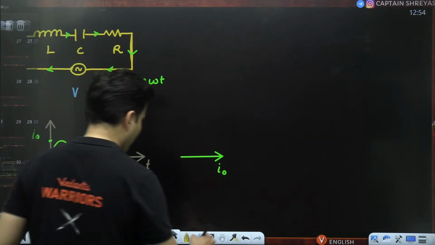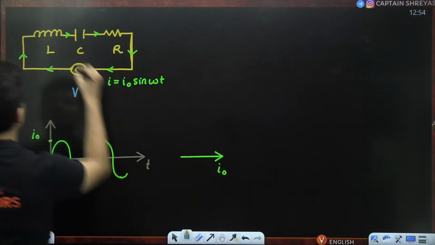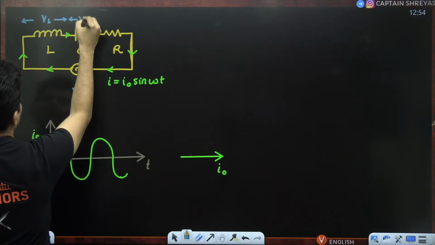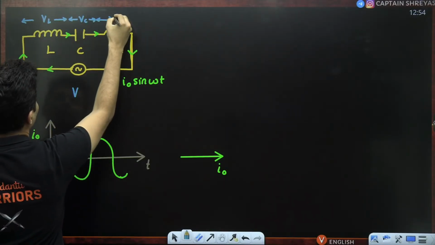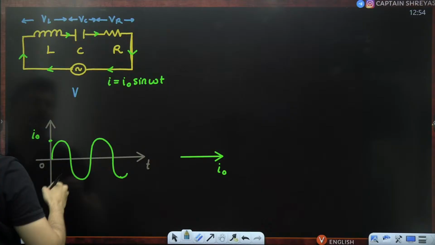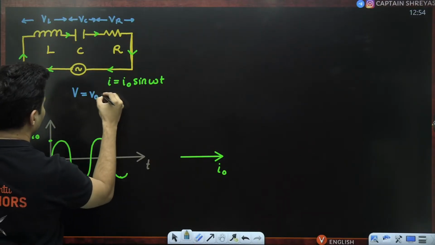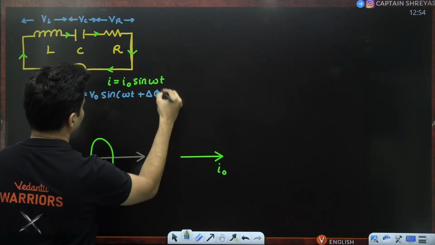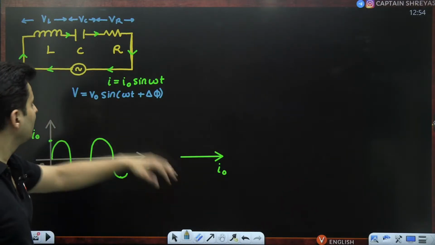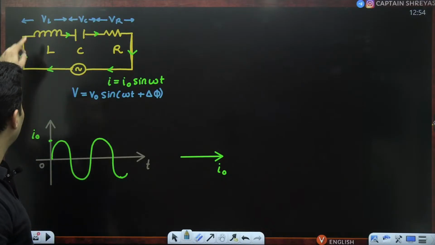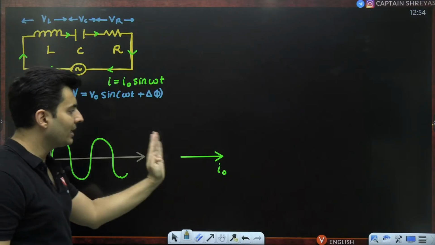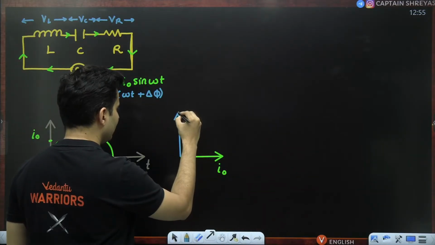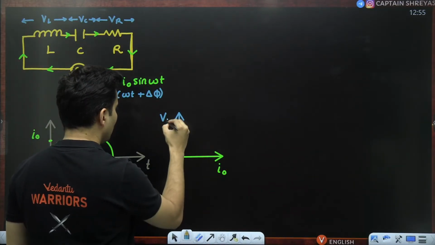So first of all, VL is the voltage across the inductor, VC is the voltage across the capacitor, VR is the voltage across the resistor, and this V came out to be V0 sine omega t plus this delta phi. If you start plotting the voltages on this phasor diagram, number one, the inductor's voltage always leads the current, so I will show the voltage across the inductor like this.